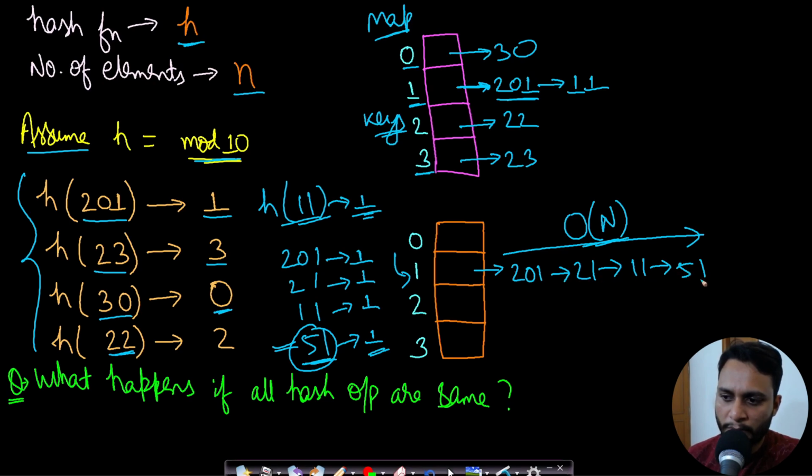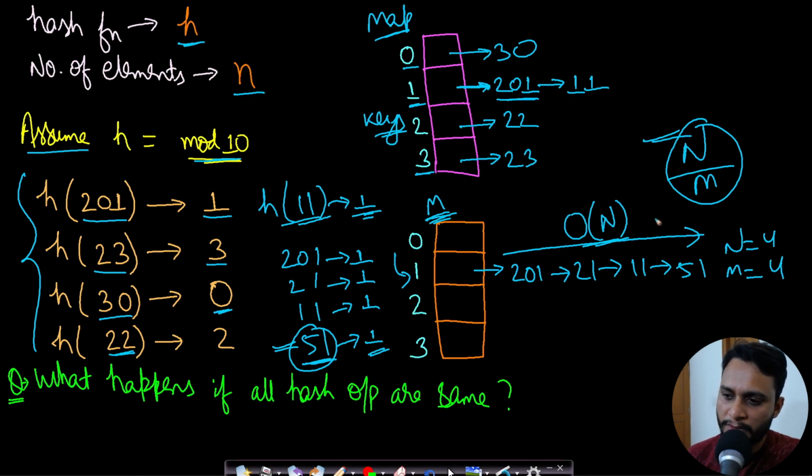So in order to avoid such a case, if there are n elements and m slots, then we will distribute all these n elements over m slots equally. So how many elements will each of these slots get? They will get n by m elements each. So here the n value was equal to 4 and the m value was also equal to 4. So if you equally distribute them, then each of them will get one element.